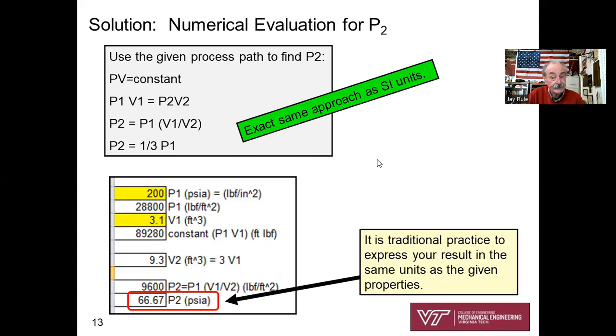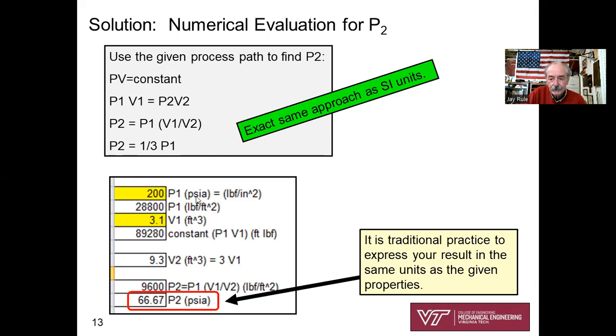Boy, let's see if I made that same blunder over on this side. Numerical evaluation for P2, well, that's exactly the same approach, right? P2 is 1/3 of P1, okay? And so P2, now you see in my solution, I kind of drug this solution out. There's no need to do that.